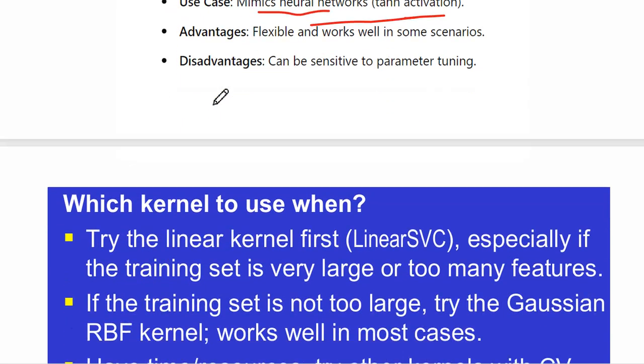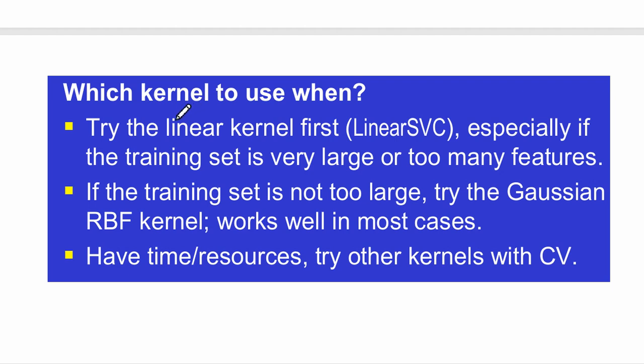Here the main question is which kernel to use when. That is the main confusion while building a model for nonlinear data. Try the linear kernel first. If the training set is very large or has too many features, try linear SVC. If the training set is not too large, it is better to try the Gaussian RBF kernel.